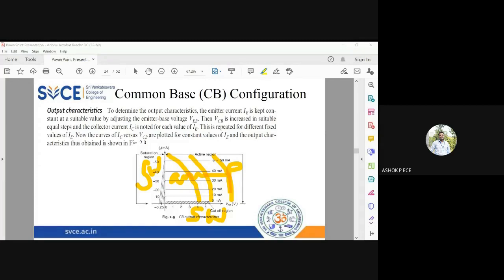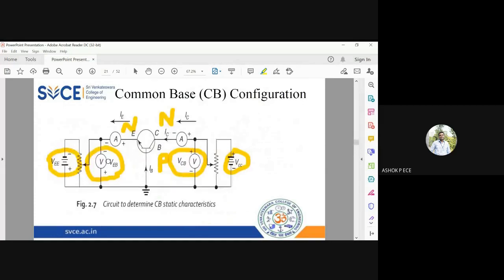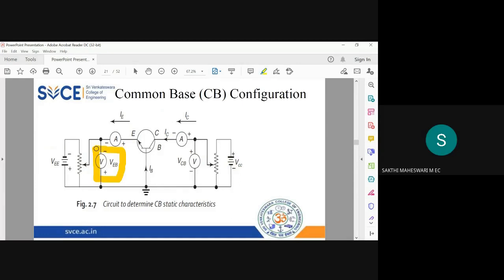So input impedance means, see the circuit diagram. On the input side, I am measuring the impedance. What is the voltage at the input side of the common base? See the diagram on the screen. At the input side, what is the voltage? VEB, correct?